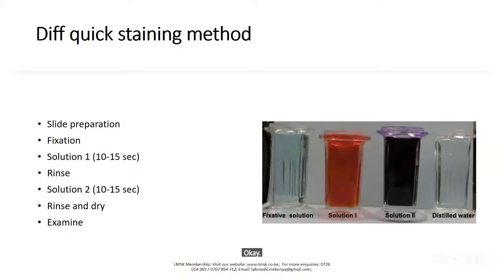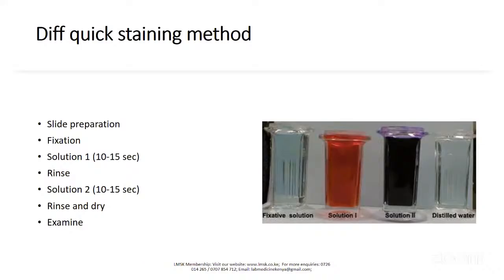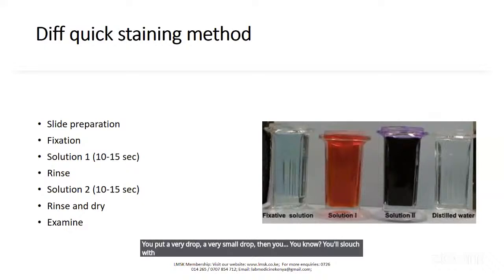Let me ask, how do you prepare your thin and thick films in parasitology? In parasitology, we make a tail smear. You put a very small drop, then you slide with another slide to make a thin film.